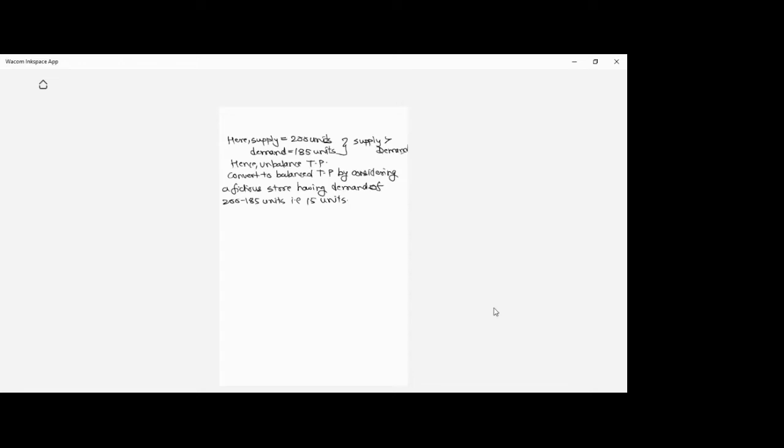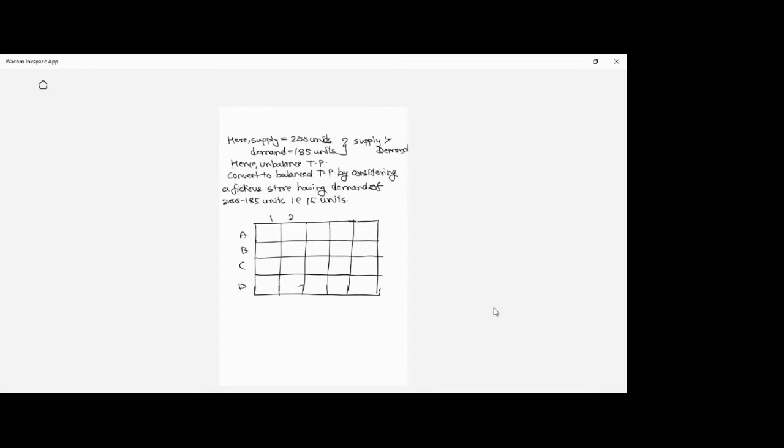initial basic feasible solution. Now I will be directly writing here the matrix that will be formed. So there will be now 5 destination centers, and the factories will remain the same, right? So it is A, B, C, D, 1, 2, 3, 4. I'll be writing D here, right?